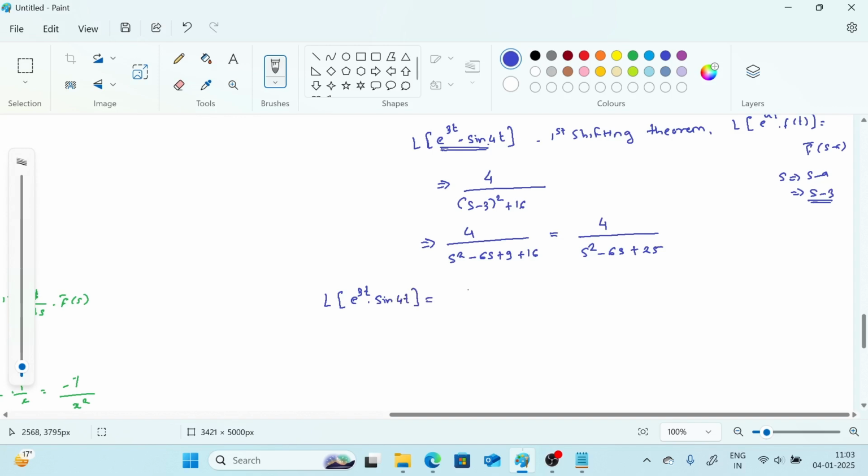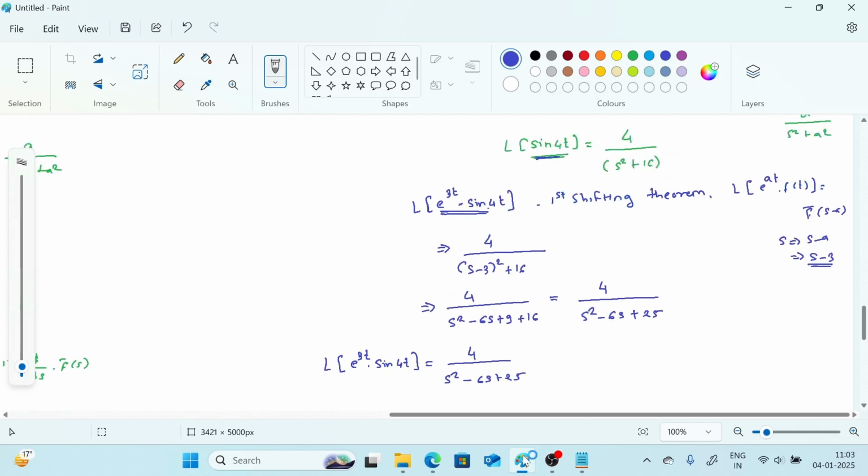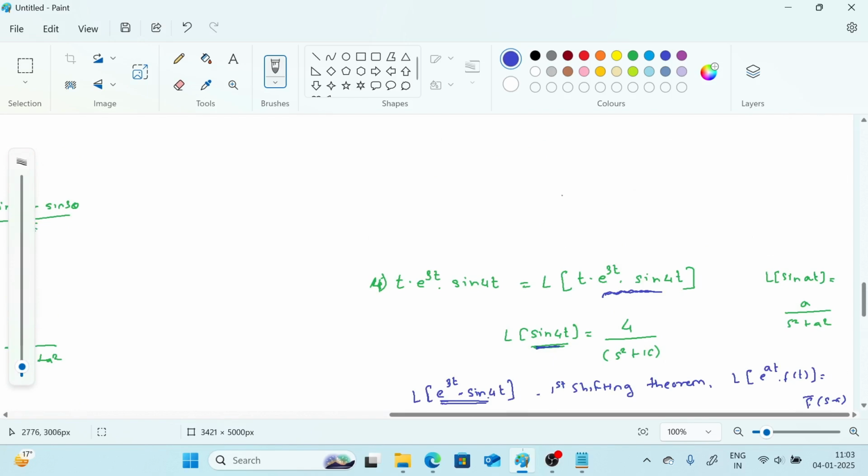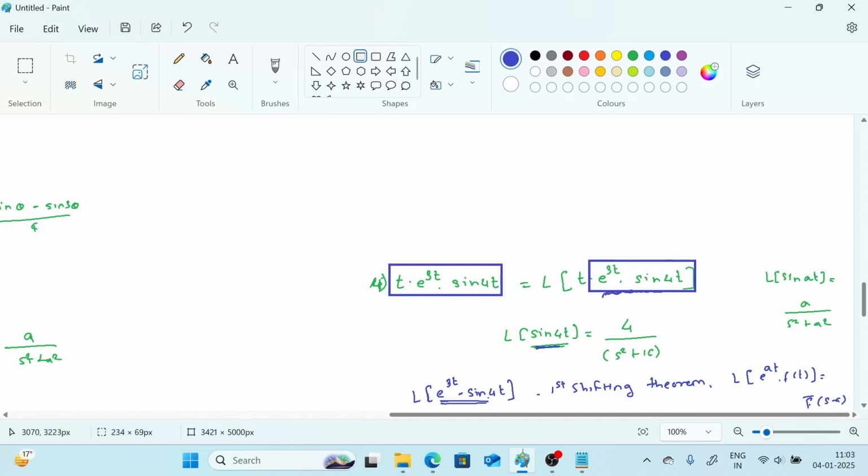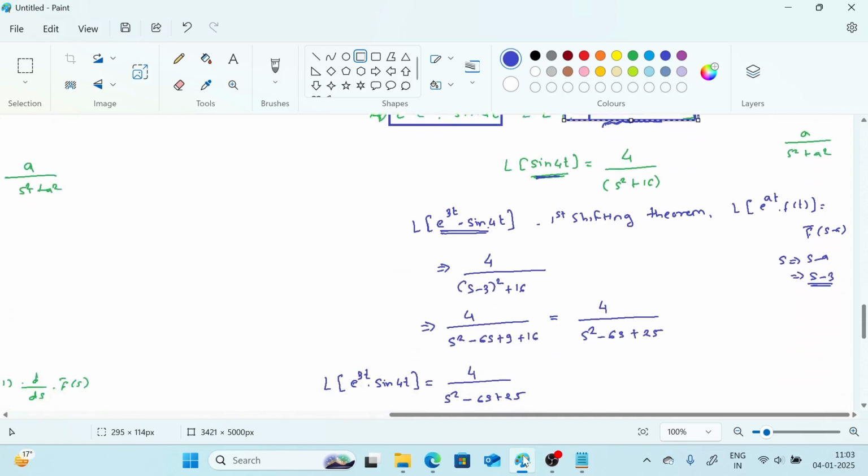Now, what I have received as of now, Laplace of e raised to 3t sine 4t, is this term: 4 upon s square minus 6s plus 25. Now, what is our requirement? We have to find the Laplace for the entire term, right? I got the value for this term, now I'm going to find the value for the entire term. How can I find that?